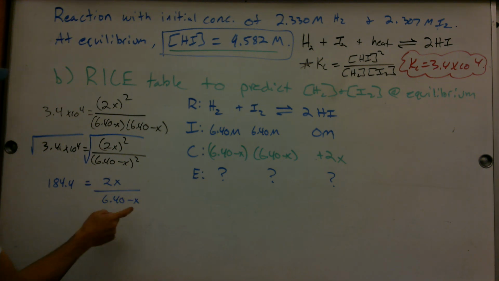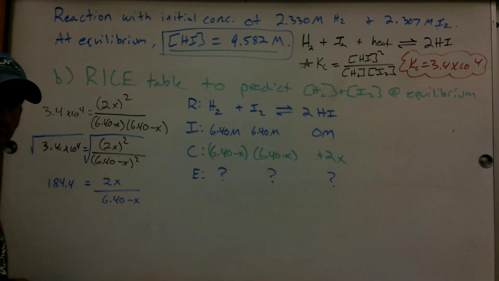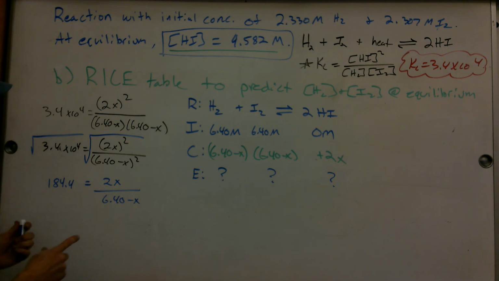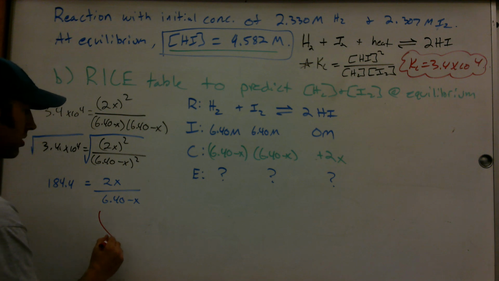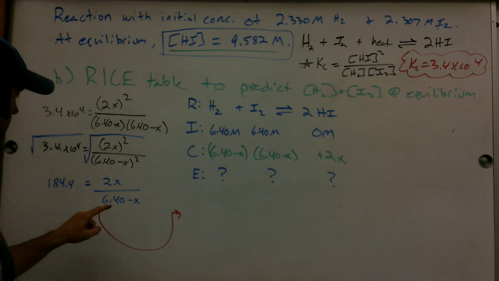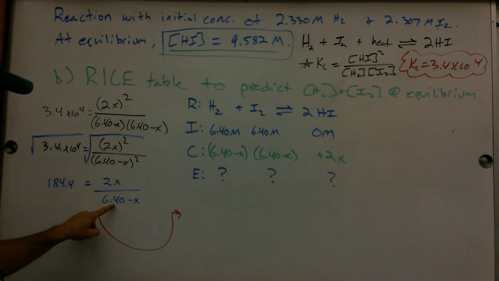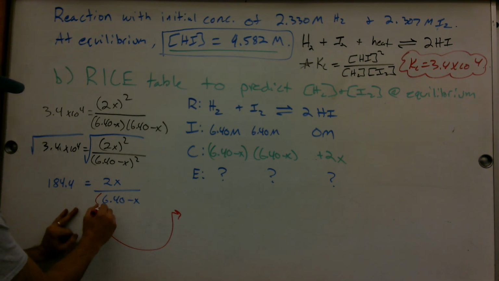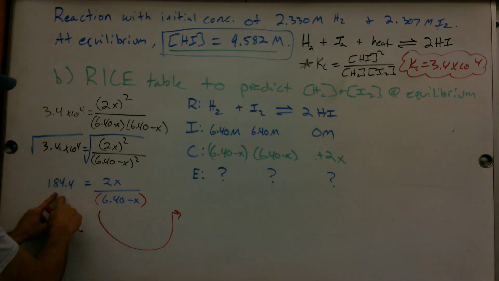Now, I don't like having unknowns in my denominator. So I'm going to multiply both sides by 6.40 minus x, and when I do so, I should get, and I'm going to continue this over here, 184.4 times 6.40. I'm going to put parentheses around that, so this distributes into both.